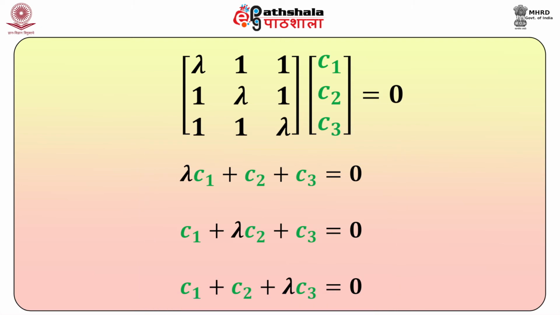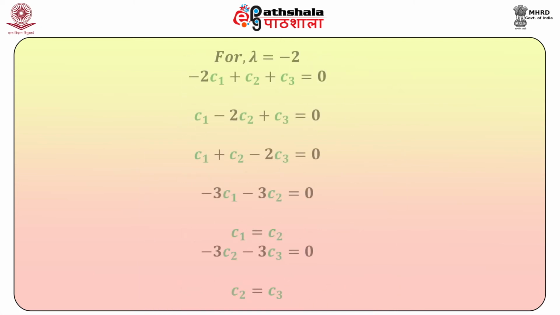If we simplify it as we are doing here, we get the corresponding 3 equations, and then, let's first take lambda equal to minus 2, and further simplify these equations. Then using the same thing for other values of lambda as we have done here, we are able to calculate the corresponding values of C1, C2 and C3 for each of the lambda values.